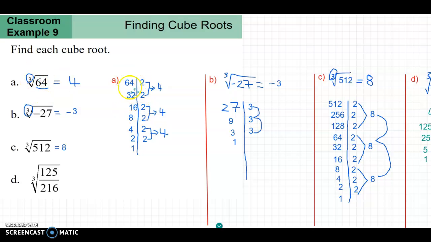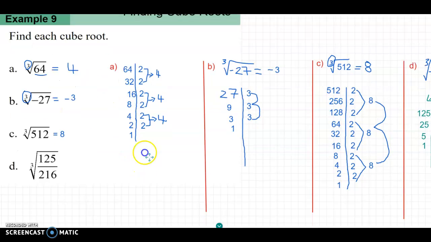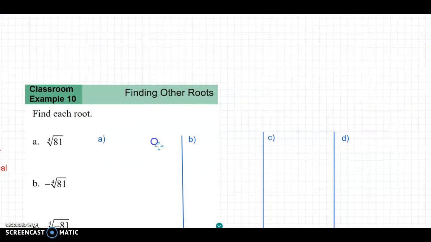For example, in this case, 64, we did prime factorization and found all the factors, which were 2, and we created groups of 4. That would be 4 times 4 times 4, and that was 64. Three groups of a number that multiply by itself, and you get 64. For that purpose, we did prime factorization, created the groups, and finally got the result. Now we will see what we can do to find other roots.